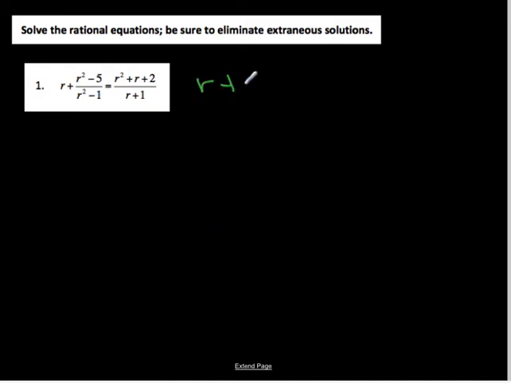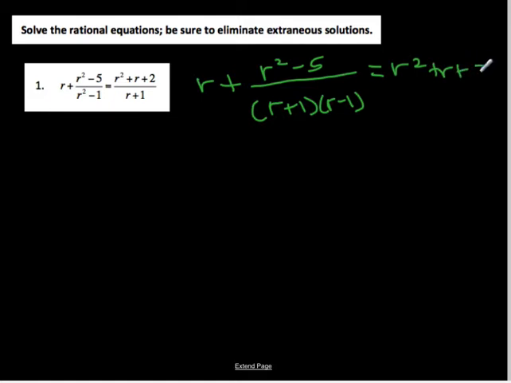So I'm just going to rewrite: I would have r over r squared minus 5 over r plus 1, r minus 1 is equal to r squared plus r plus 2, all over r plus 1. Okay, now I can look at this and I can easily see what my least common denominator would be. Before it was maybe a little hard. So today you're going to have to do a little factoring before you find your least common denominator.